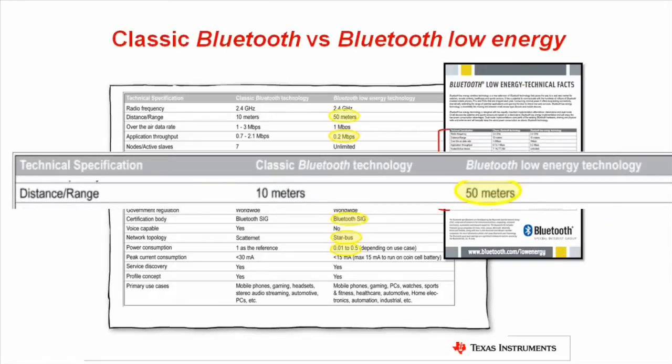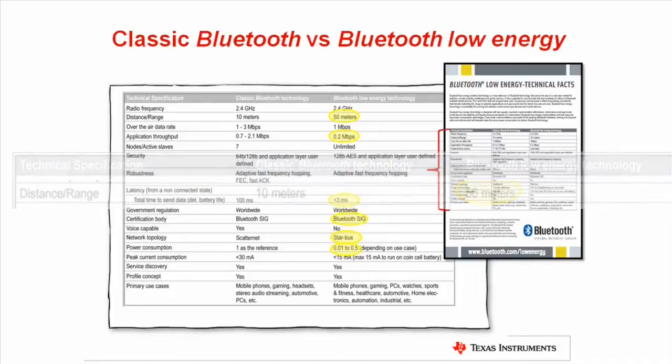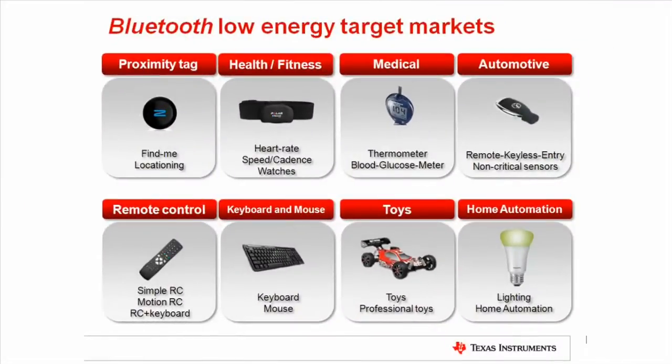BLE also improves range due to a narrower bandwidth and overcomes the traditional network limitation of 7 connections as found in classic Bluetooth. As Bluetooth Low Energy is a lot less complex in implementation compared to classic Bluetooth, we see the target areas for this technology in a really broad set of different consumer, industrial, and automotive applications.